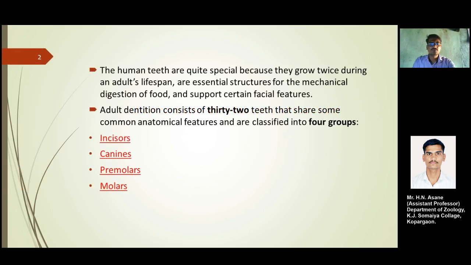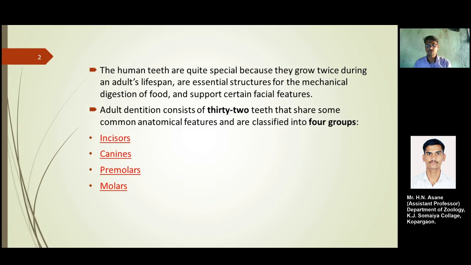In mammals, or in humans, there are normally two sets of natural teeth. The primary dentation is also known as the deciduous teeth or the milk teeth, and the second is the secondary dentation of the permanent teeth.